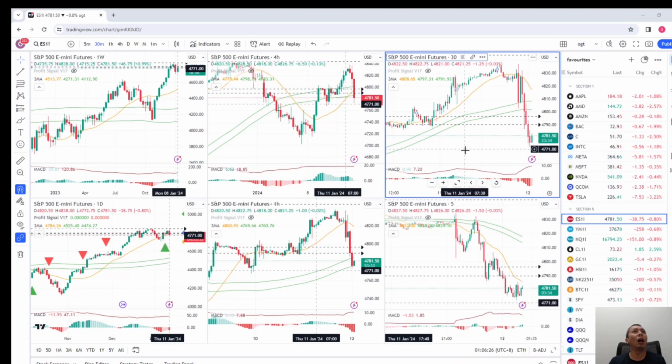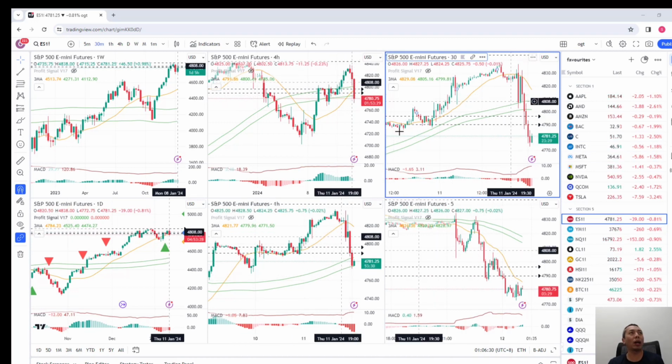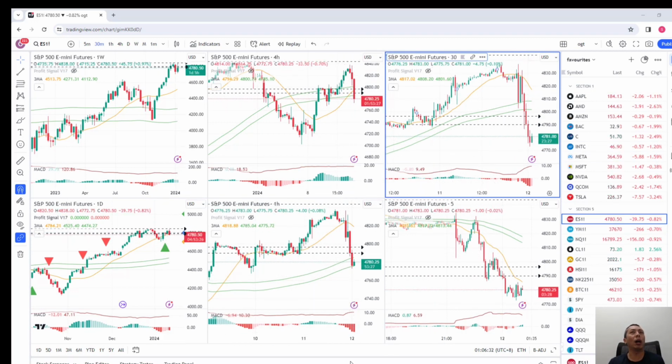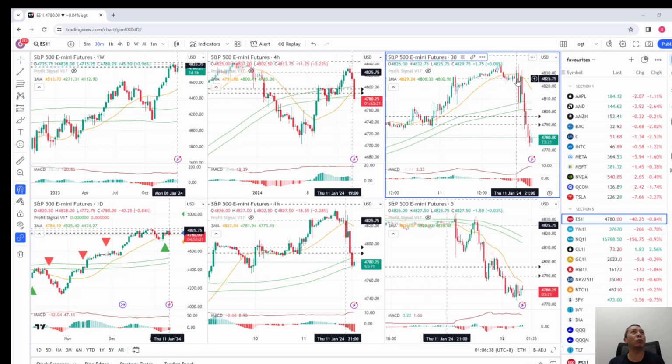Initially I was bullish mainly because the indices were bullish before market open.